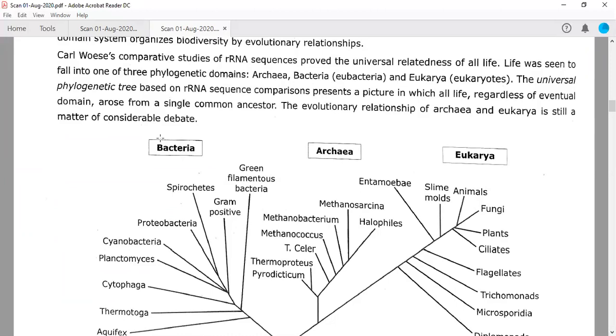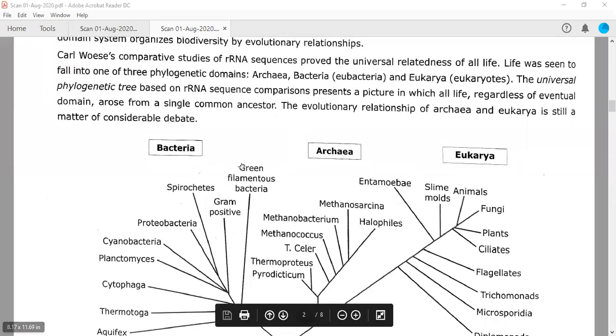Because now we know, according to endosymbiotic theory, that proteobacteria gave rise to the mitochondria, and cyanobacteria gave rise to the chloroplast. Because both came from bacteria, mostly bacteria and prokaryotes have 70S ribosomes, whereas eukaryotes have 80S ribosomes.